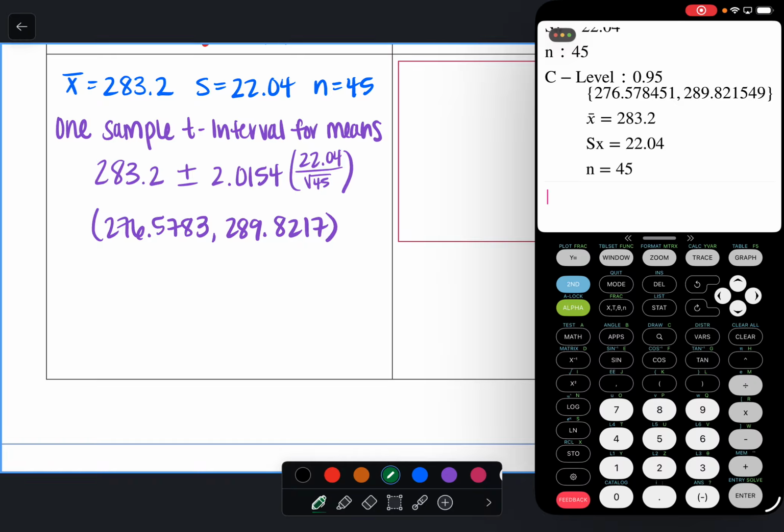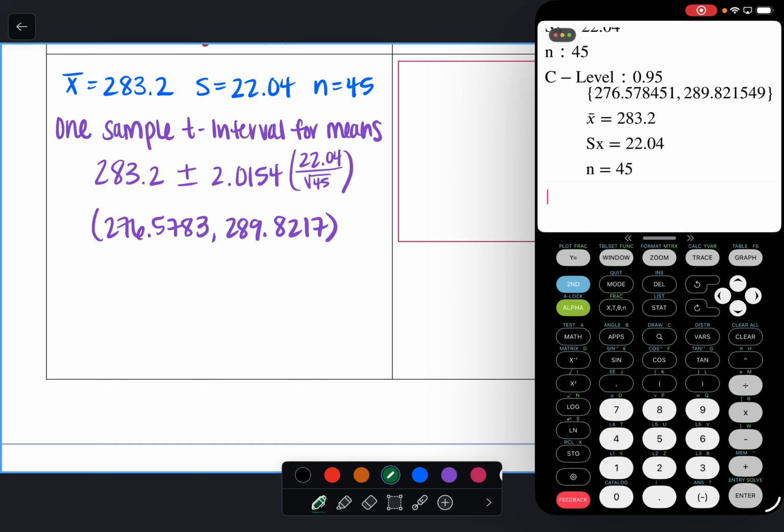That could be something where if the grader has to decide, do I give them the 3 or do I give them the 2? Having a mistake like that may have them be more inclined to just bump you to the 3 rather than bring you down to the 2, because it's not something that you necessarily did incorrectly. It's just you had a calculator error.